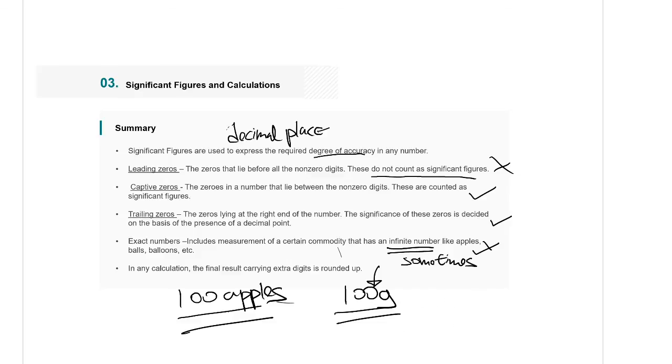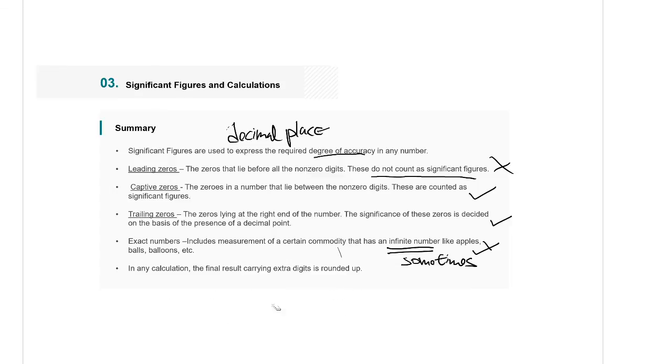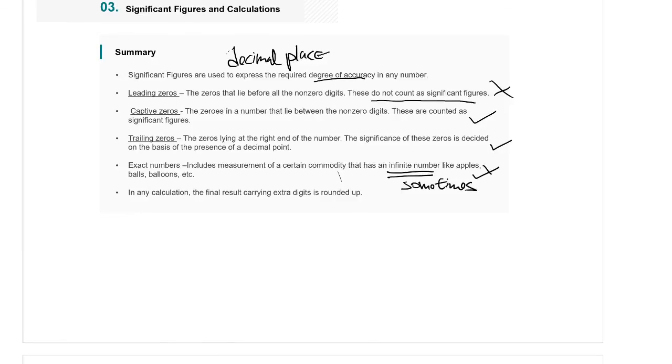Here you can only have one or two apples, but for mass in grams, you can have a fractional number, for instance 1.0. All right, so I think that's it for significant figures and calculations. It's not that difficult, because most of the time when you do a measurement, you won't have a whole number or exact number, so you don't have to worry about that.